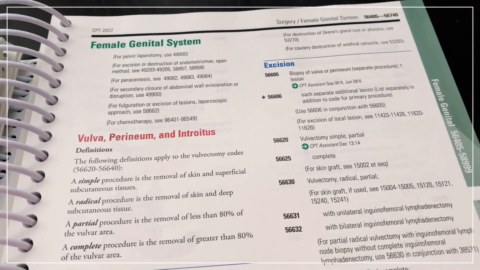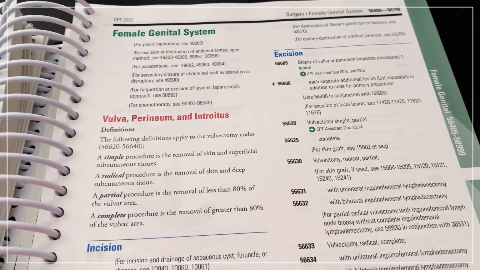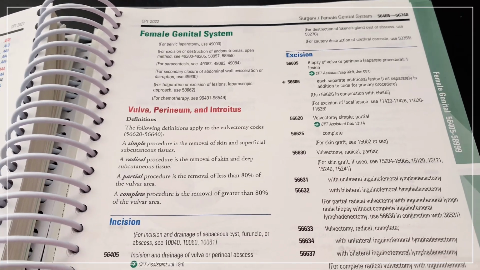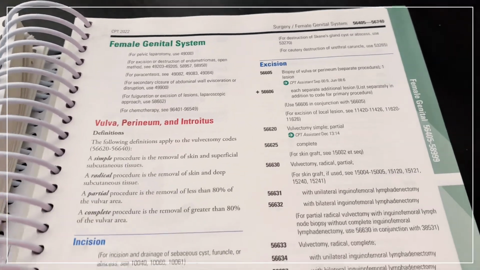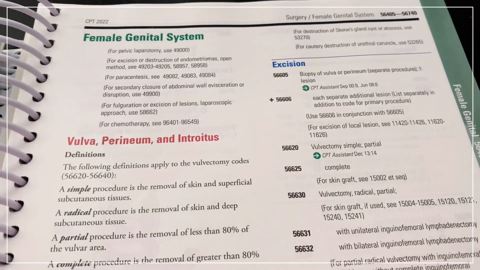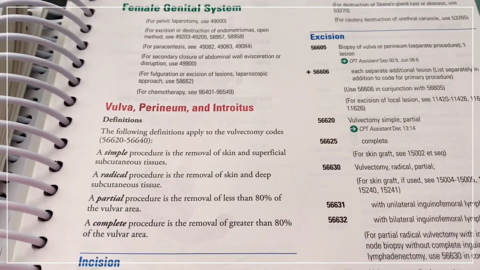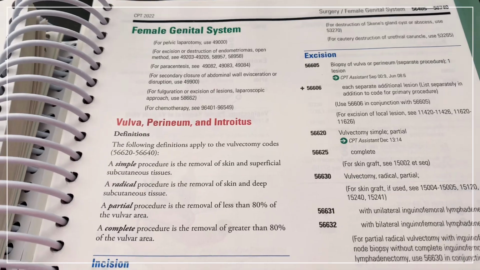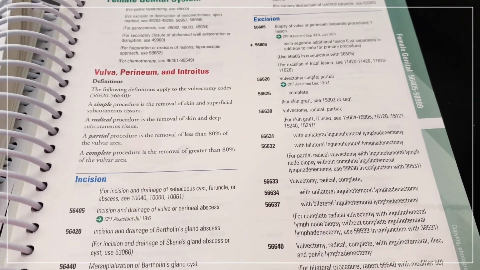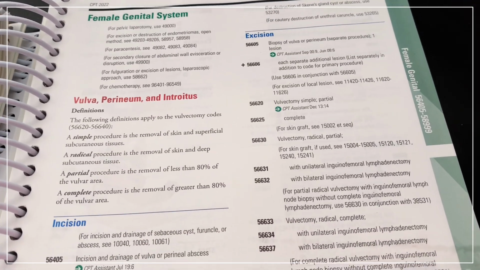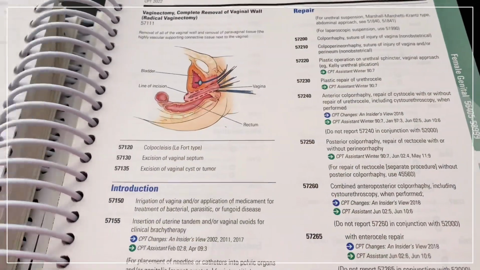So again, we are in the female genital system, and the first CPT code that I'm going to look for is for the menorrhagia. We are doing a hysteroscopy, D&C, and endometrial ablation. So right now you have the vulva, perineum, and introitus. We will not be in that section.